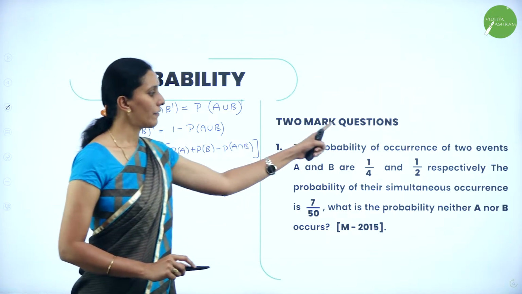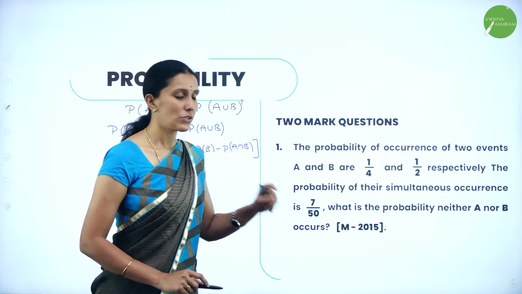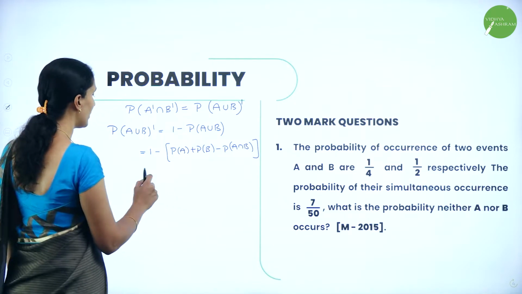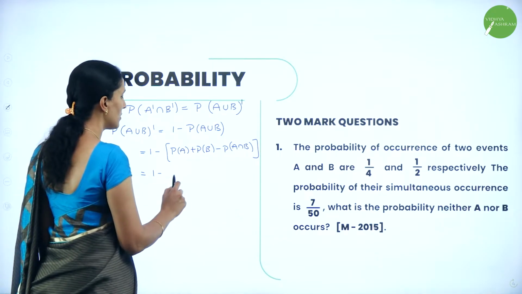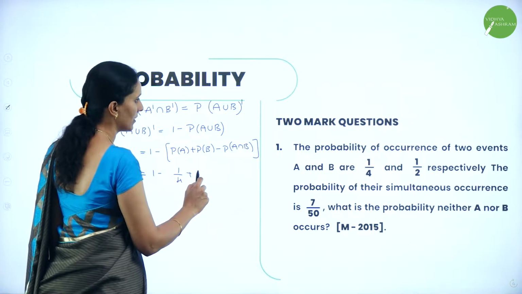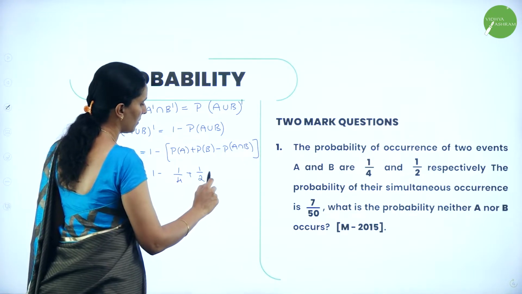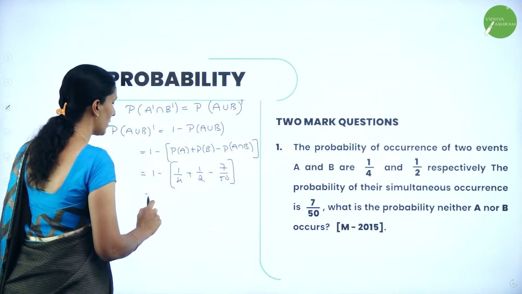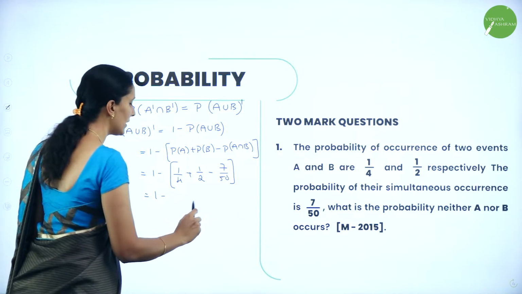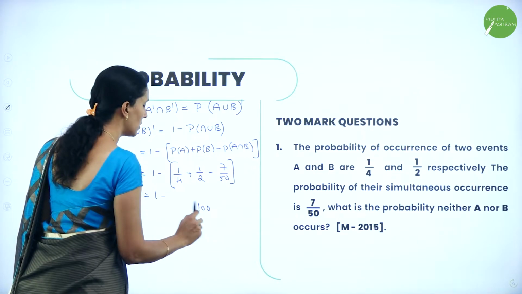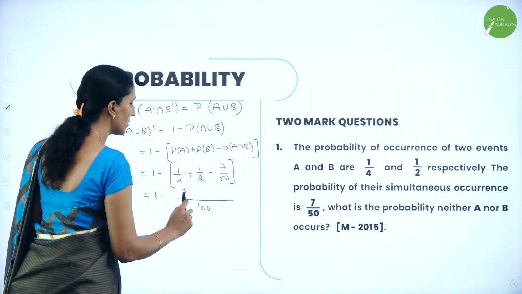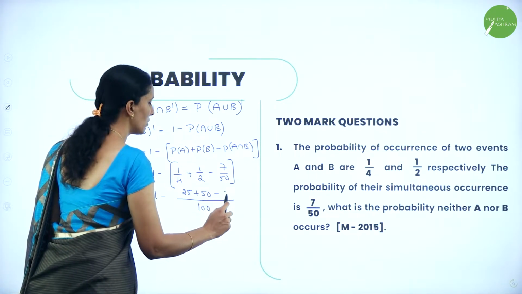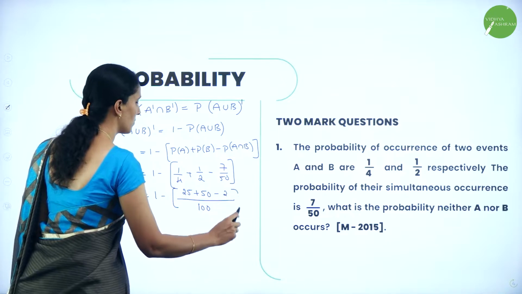So in the question, they have given the values of A, B as well as the simultaneous occurrence, that is A intersection B. Let's write the values. So 1 minus, 1/4 plus 1/2 minus 7/50. On solving this, we will get the LCM as 100, so it is 25 plus 50 minus 14 over 100.